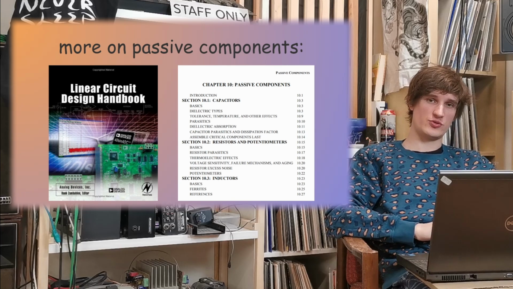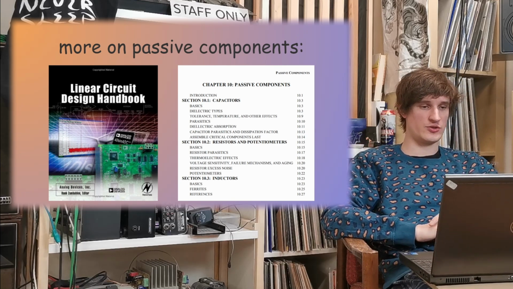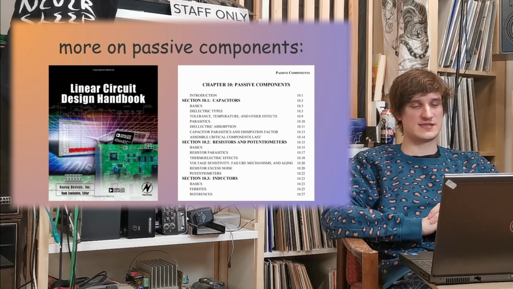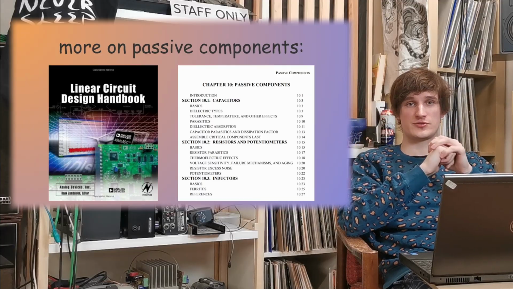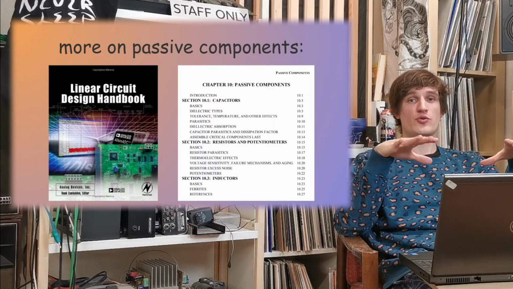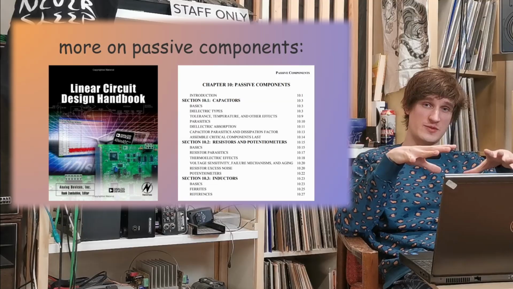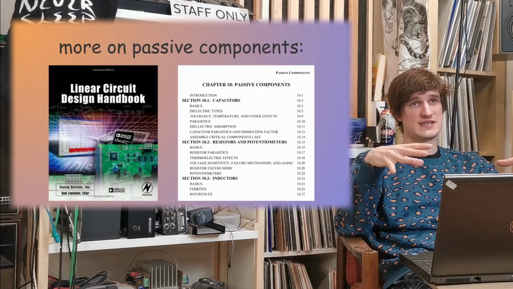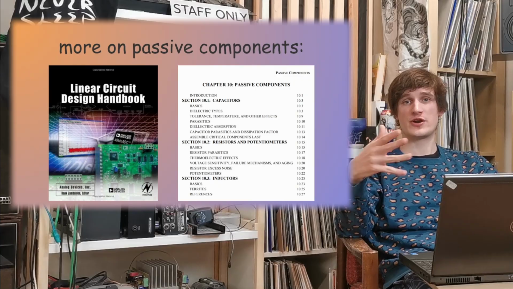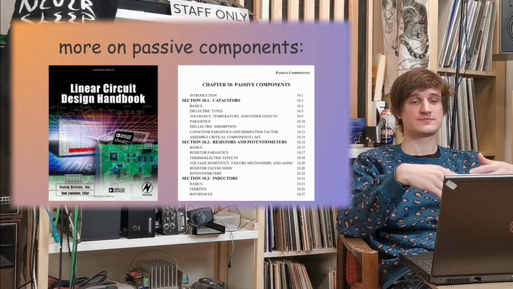Yes, I promised you to give you some more research on passive components. This is the book I recommended in previous episodes, because I want to also mention that in this Making of the DJ Mixer series, there was a whole episode dedicated to telling you where to gain knowledge from.